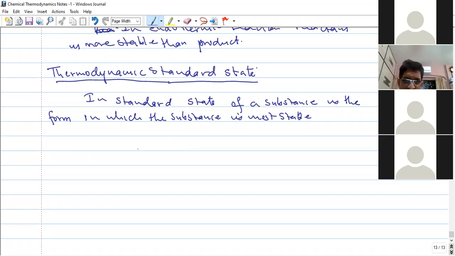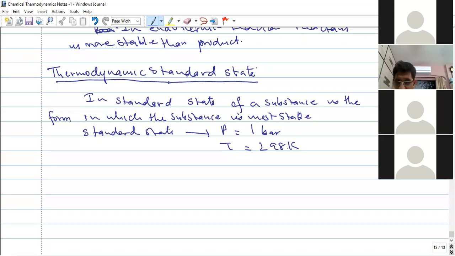Now, what is the standard state? Pressure is 1 bar. Temperature is 298 Kelvin. Right? And concentration is 1 mole. That is standard.